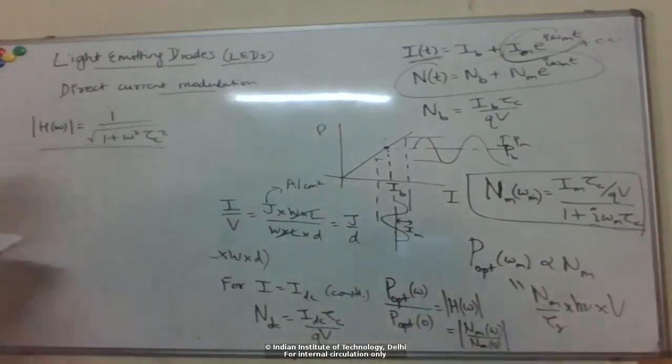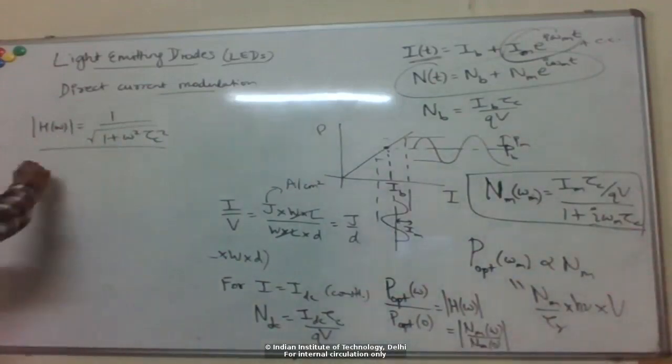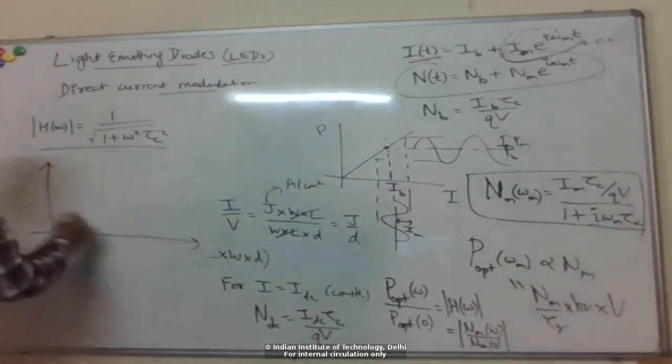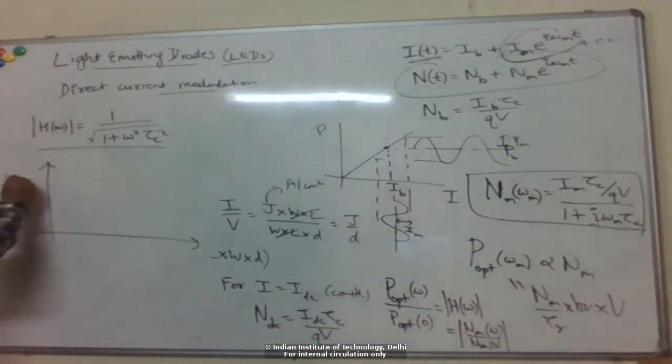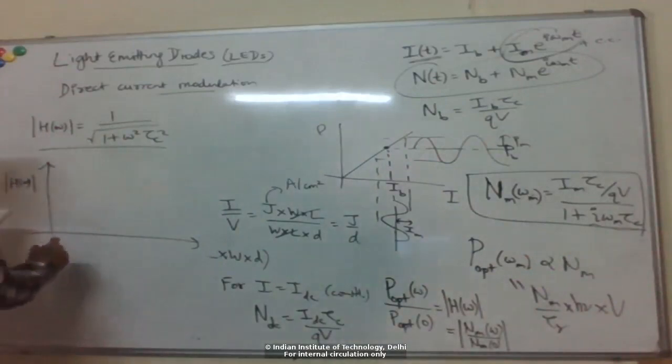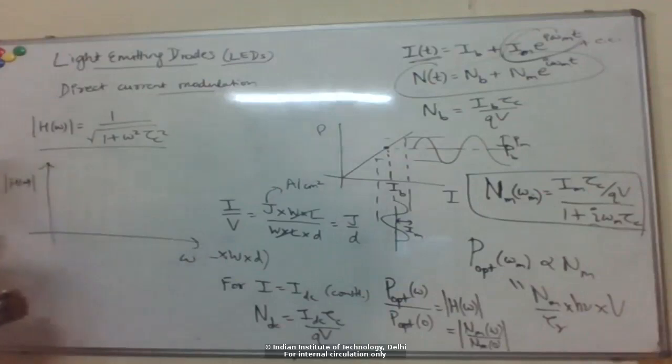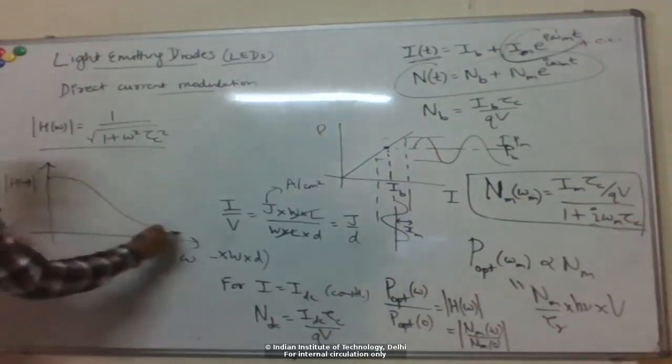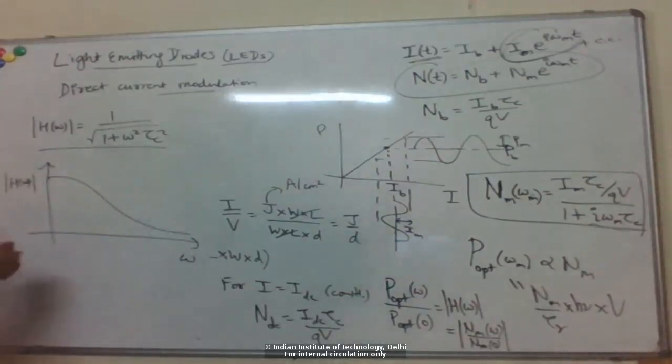So that's the frequency response. You can see it looks like a low pass filter. So if I plot this frequency response for the LED as a function of omega, it's some low pass filter like thing, right?